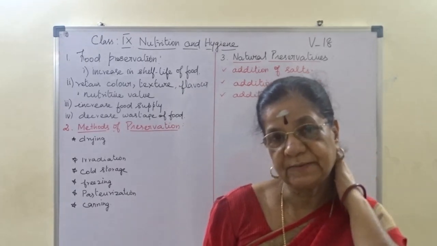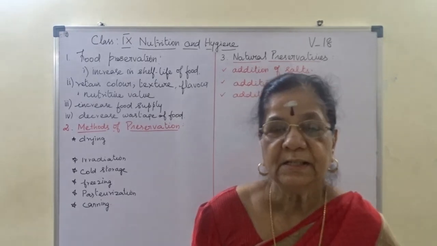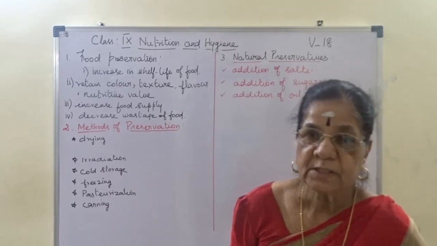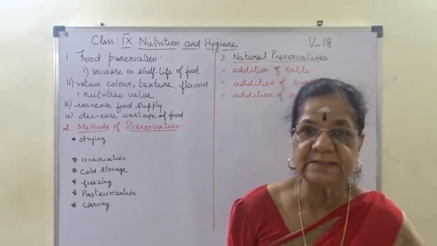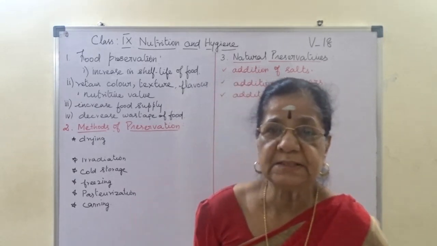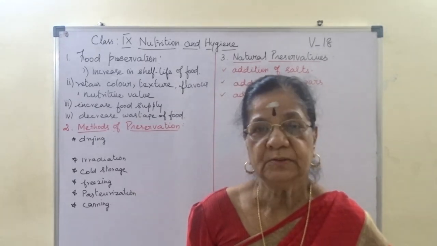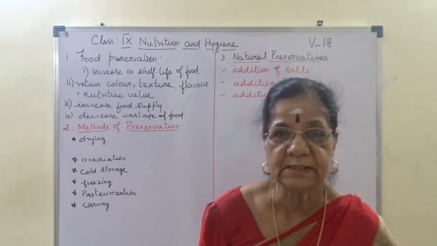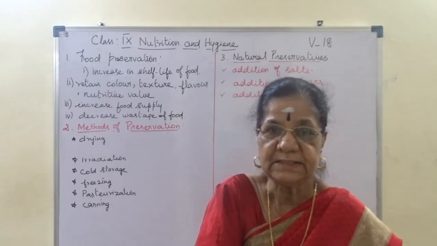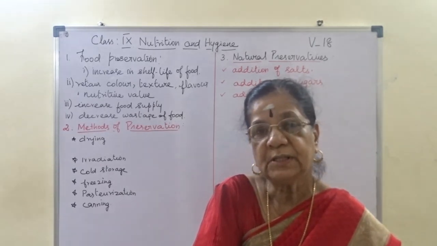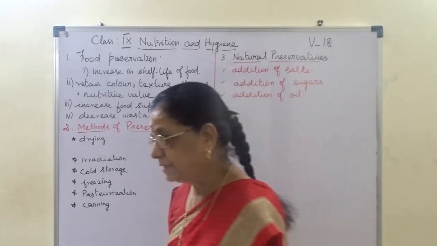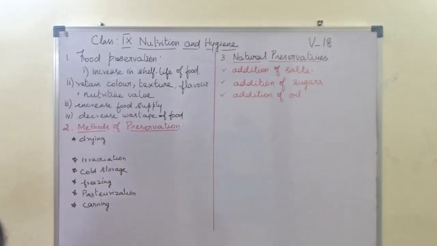I hope you understand. Same way, fat is the second chief source of energy. When carbohydrate metabolism fails, these fatty substances give energy as the second chief source, and they are mainly fatty acids and glycerol, right? Then vitamins: we learnt fat soluble vitamins and water soluble vitamins.